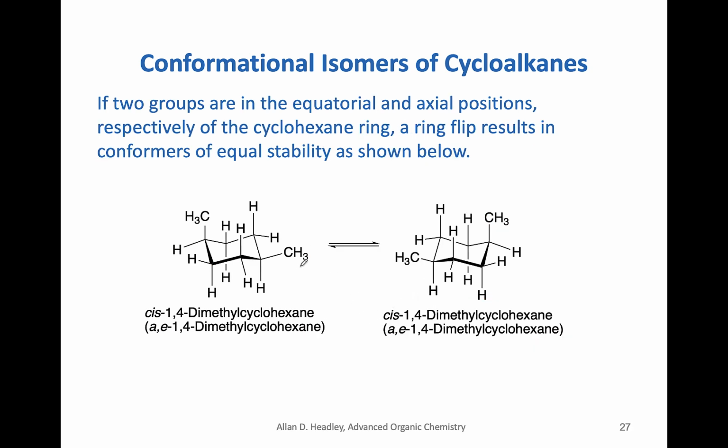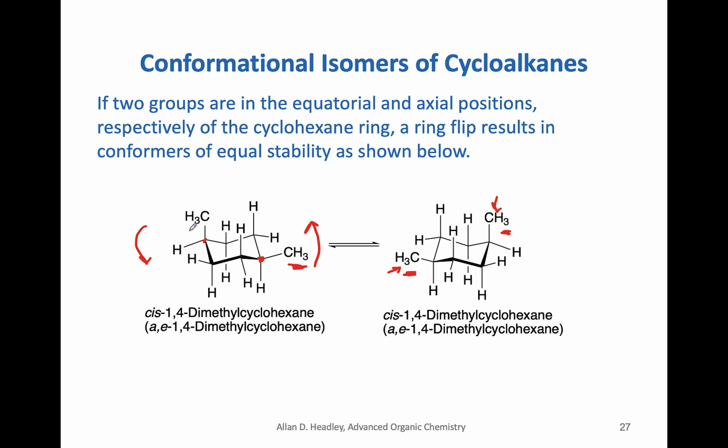Let's look at this one. Here we have the equatorial methyl on the first carbon, and on the fourth carbon a methyl that's axial. If you do a ring flip here, this brings it to the equatorial. Ring flip here, this brings it to the axial. So we still have an equatorial and an axial, as we have here.